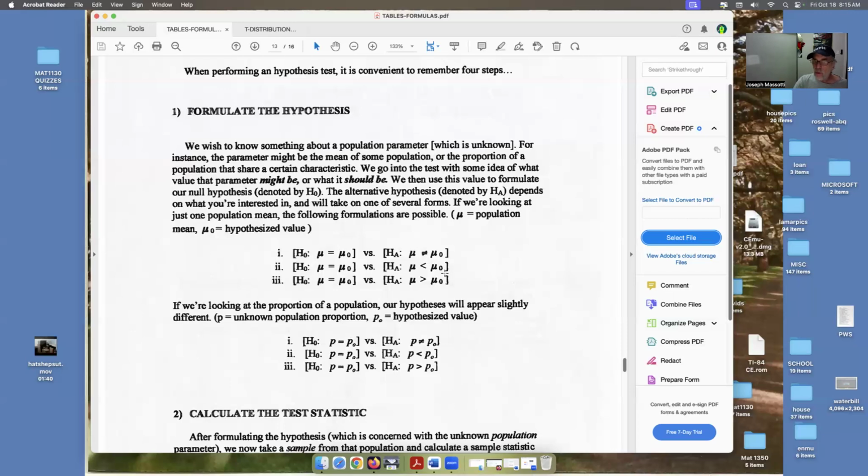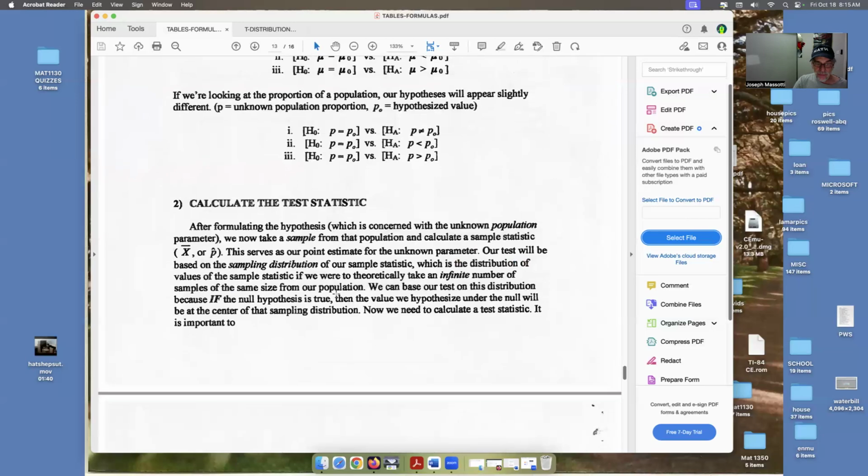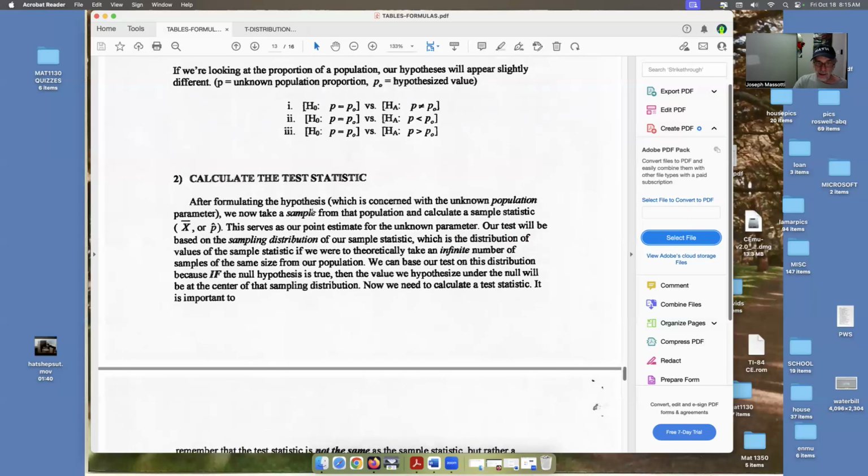But if we have overwhelming evidence, again, it will be numerically determined, to suggest that our null hypothesis is not true, then we're going to go with the alternative. Right? So our evidence is going to take the form of a test statistic. After forming the hypothesis, we're going to take a sample from that population and create a sample statistic.